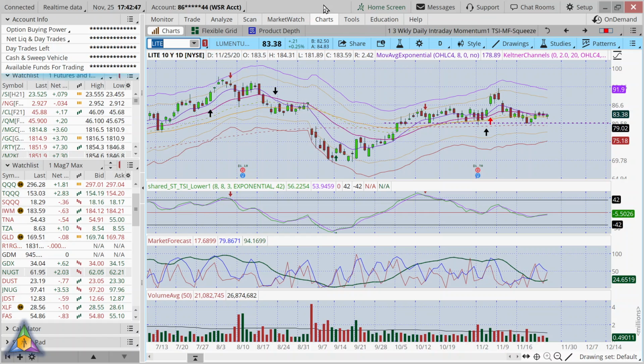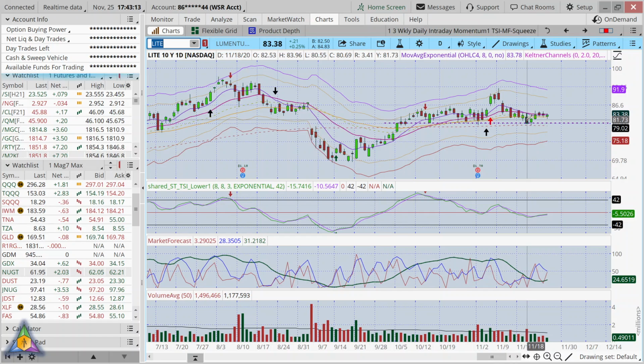LITE really set itself up very nicely. We got into LITE at $81.02. Maybe we got into that last week, but in this area here, we jumped in at around $81.18.